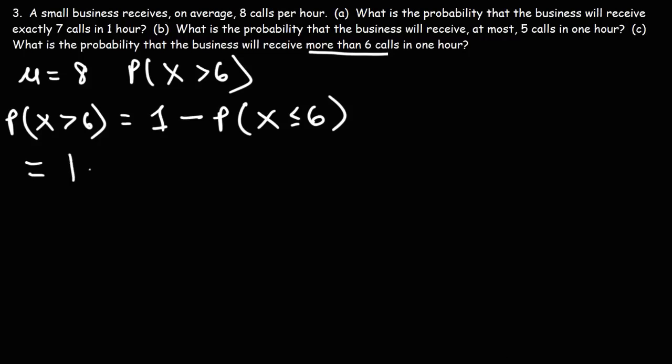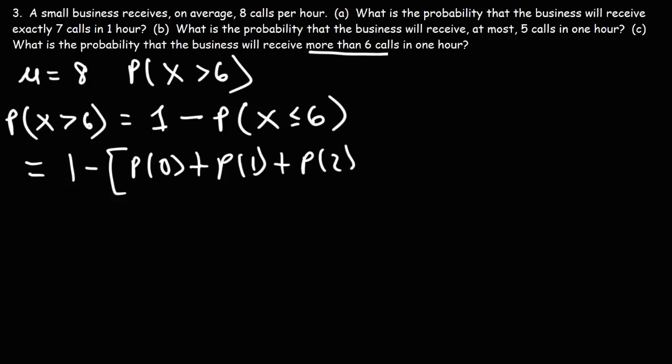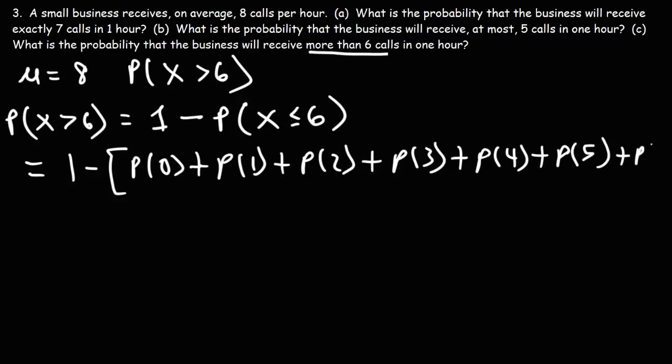So this is going to equal 1 minus the probability when x is 0 plus the probability when x is 1 all the way up to 6. And I'm running out of space. So this is going to be 1 minus, we're going to use the same procedure that we did in part B. So it's e to the negative 8, and then times mu to the x over x factorial.